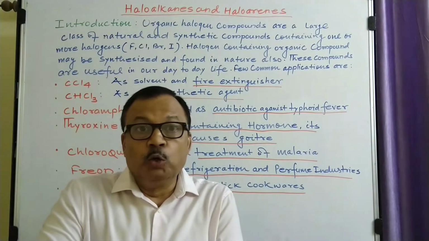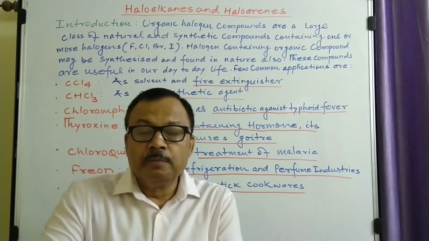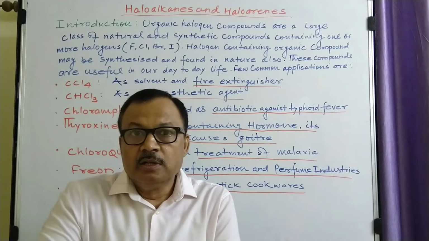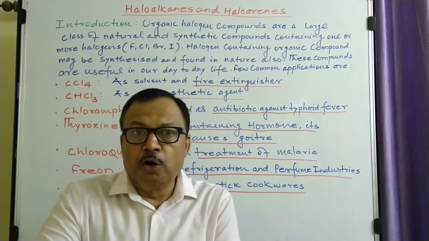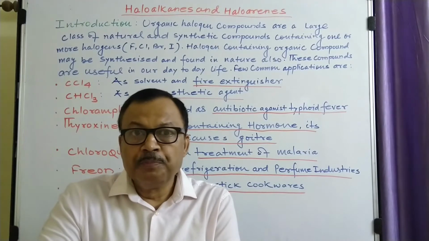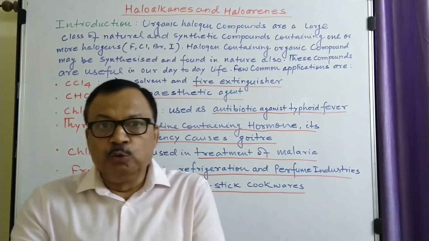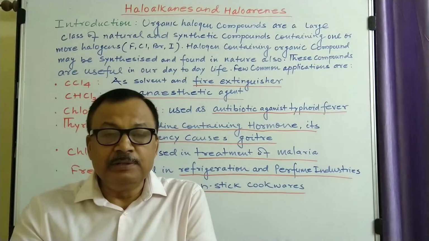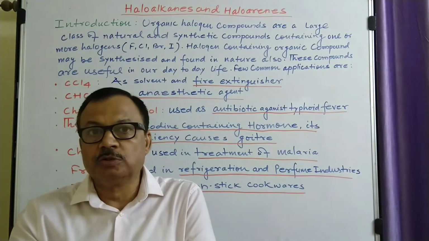Trihalogen derivatives are like chloroform, bromoform and iodoform. Bromoform is basically not stable, but chloroform and iodoform are highly stable compounds. Chloroform and iodoform are used in the haloform reaction for the identification of aldehydes and ketones.